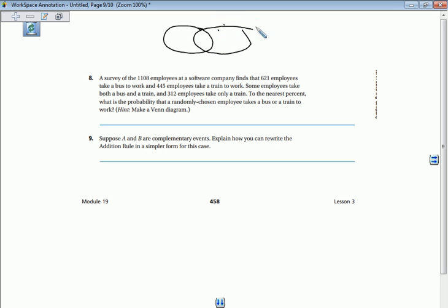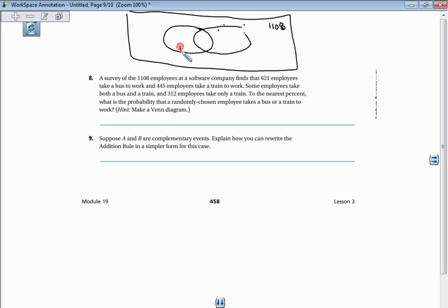Okay, my board is being really slow in how it's reacting. In this universal set, how many employees do I have? 1,108. Okay, so in here we have 1,108 total. It says 621 employees take the bus. So I'm going to let this be the bus and this be the train.